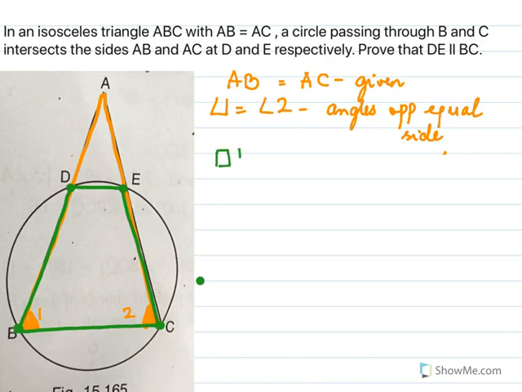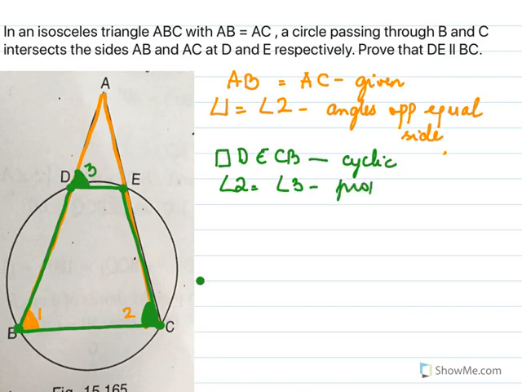So if quadrilateral DECB is cyclic, which is the remote angle of this? Here is the remote angle, and this remote angle will be equal to the interior opposite angle, this angle. I will mark that as 3. So we have angle 2 equal to angle 3.